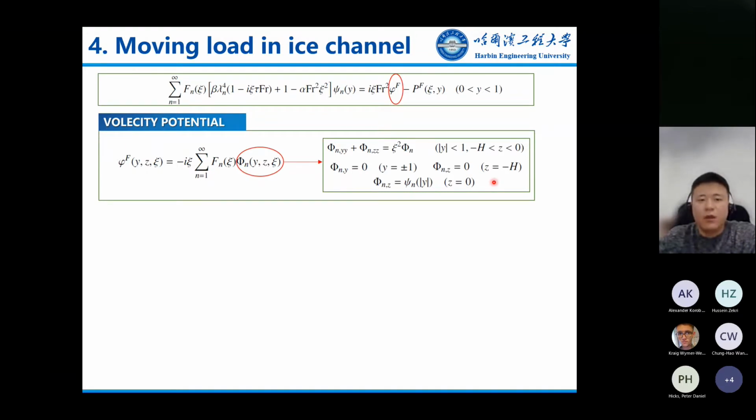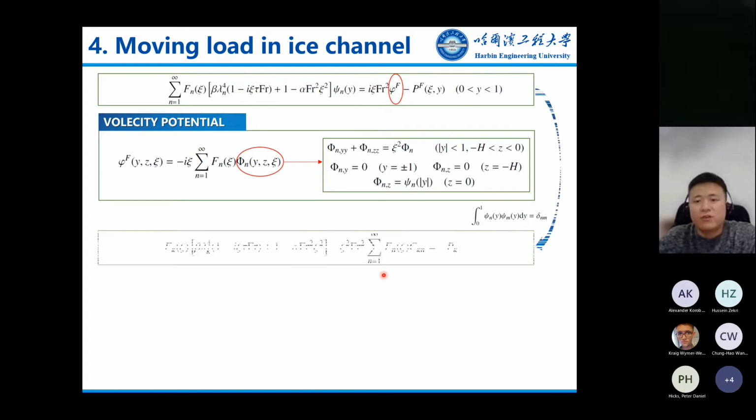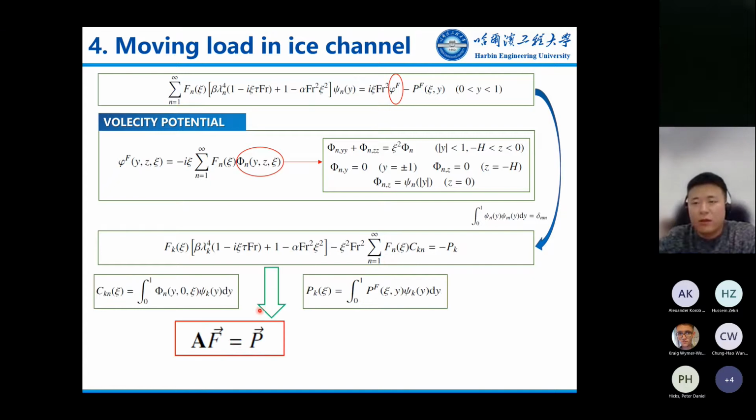At this time, only the coefficient of big phi in the ice plate equation is undetermined. Considering the orthonormal condition of the eigenfunctions, the ice plate equation can be transformed into a non-homogeneous system of equations with the coefficient big phi to be determined.